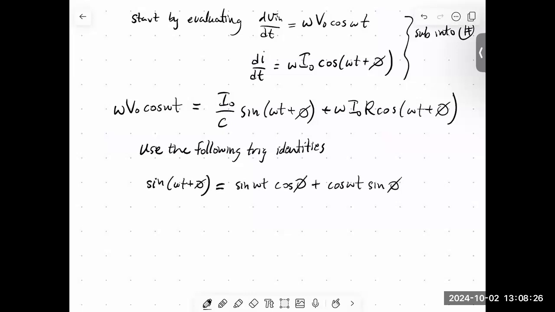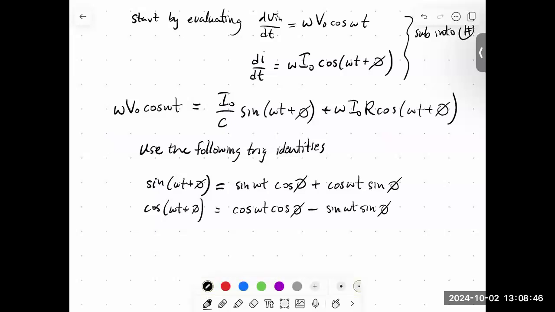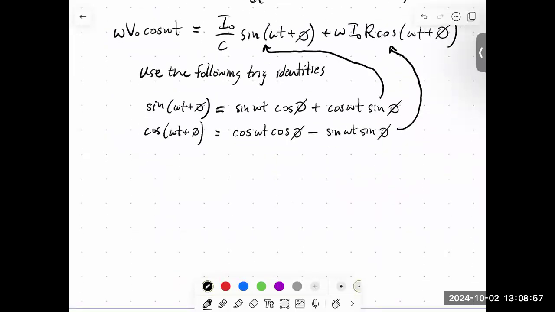We also have cos(omega t plus phi), and this one is a product of coses minus a product of sines. Okay, so the sine identity will go into here, and the cos identity will go into here. Okay, so let's see what happens if we do that.